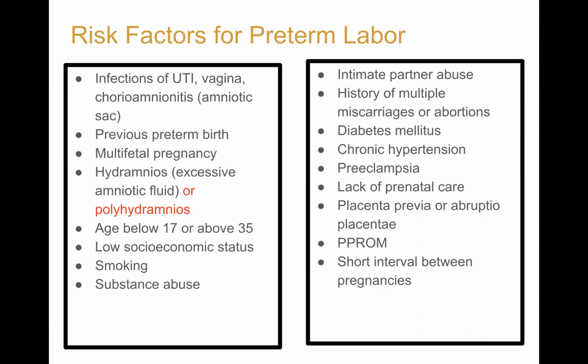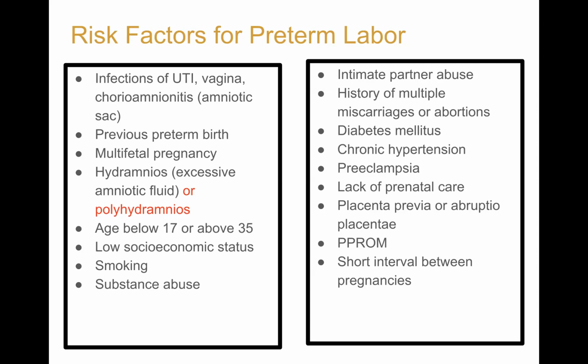History of preeclampsia. Lack of prenatal care. And you kind of see that lack of prenatal care kind of tied with your intimate partner violence. There's low socioeconomic, substance abuse, smoking, drinking. Placenta previa or abruptio placenta, where the placenta is separating from the uterine wall.